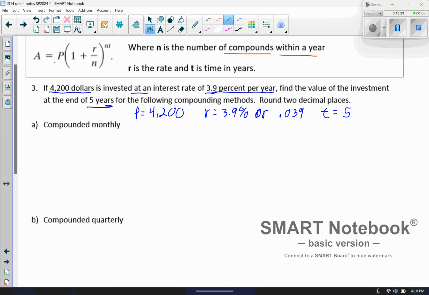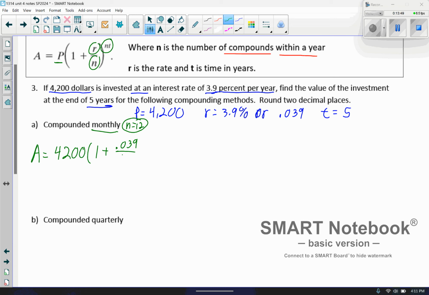So we're going to take this formula and plug in all those values. A equals 4,200, parentheses 1 plus my rate, 0.039, divided by n, the compounding. For example A, we're going to compound monthly, so there are 12 months in a year, so n is going to equal 12.